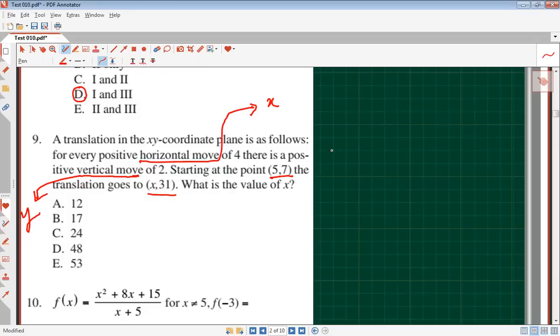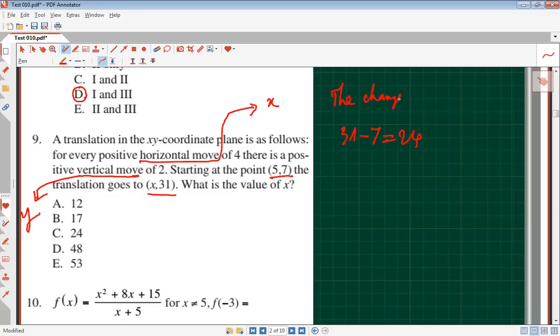From the question, we know that the point 5, 7 translates to the point s, 31, and that means the change in the vertical direction is 31 subtract 7 equal to 24.